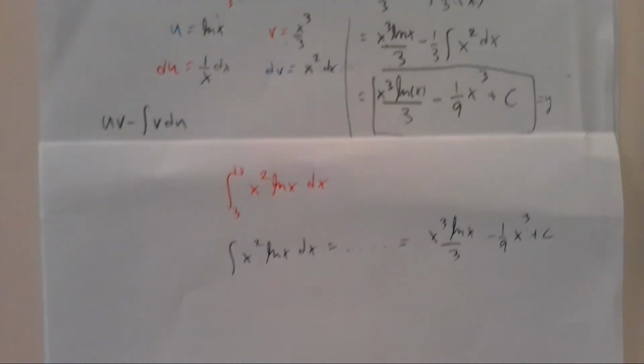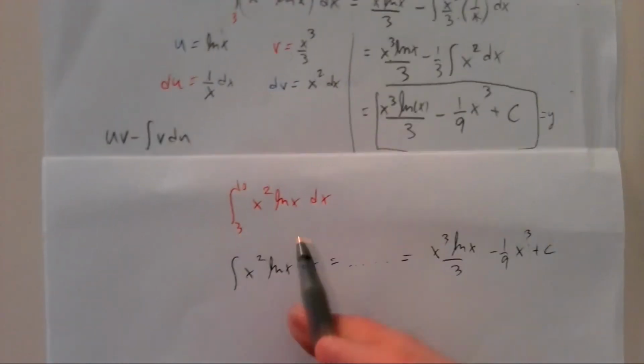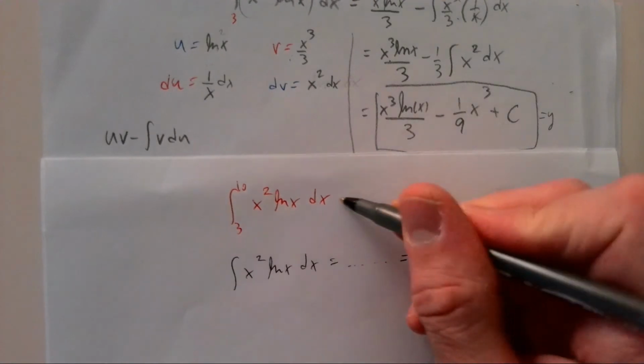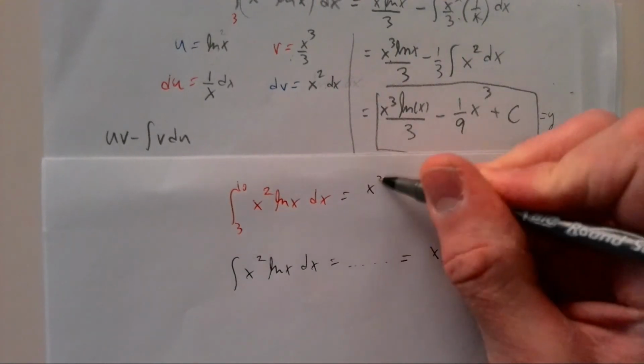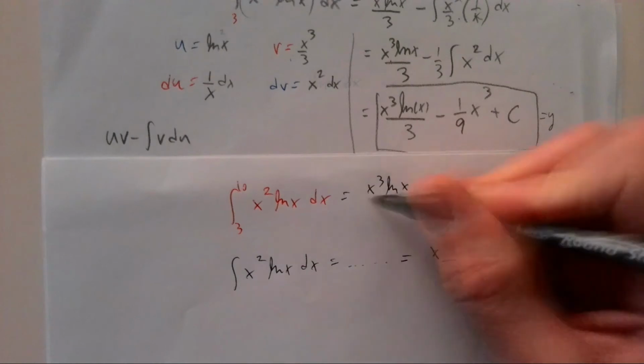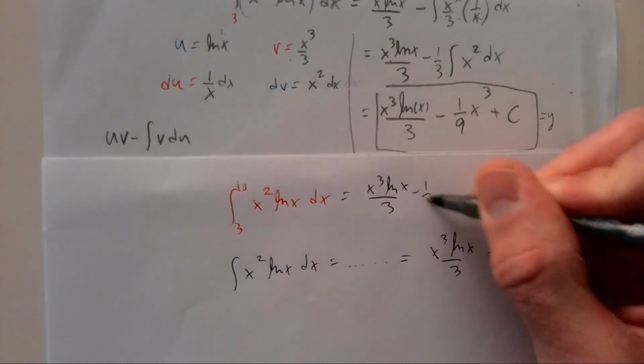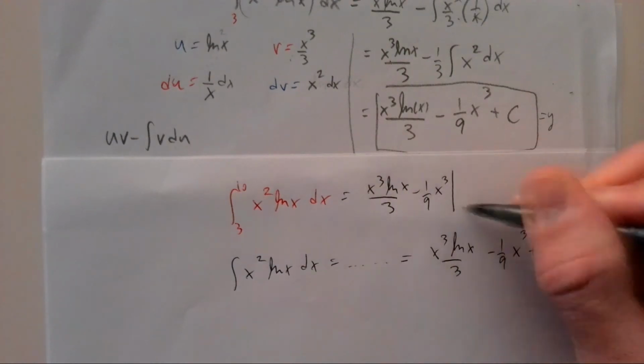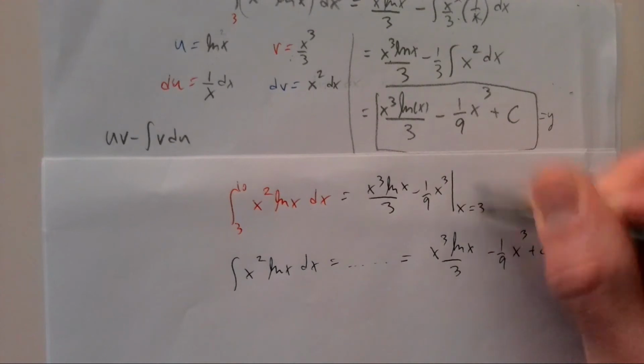So what that means for us is we can go back to this and say, alright, that's going to equal that antiderivative evaluated from when x equals 3 to x equals 10.